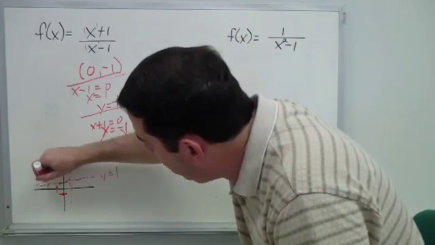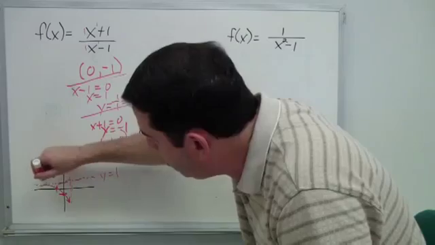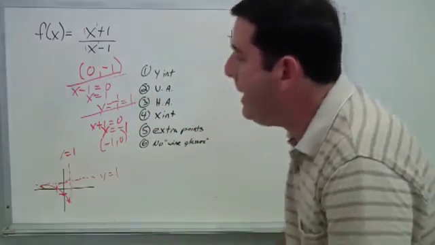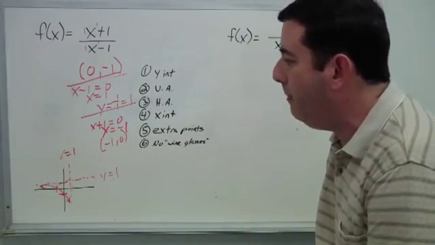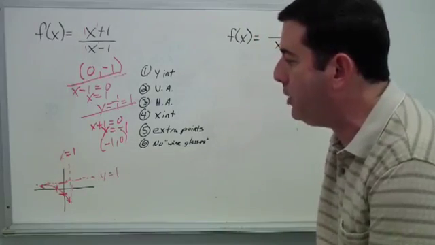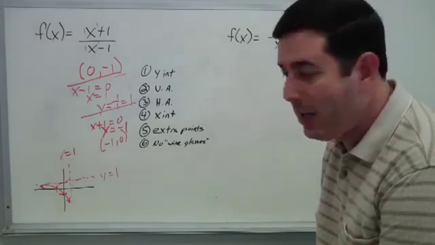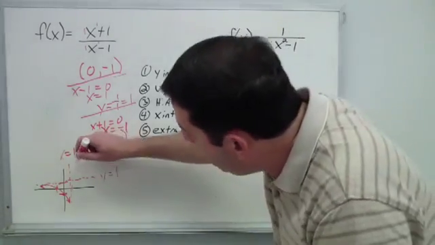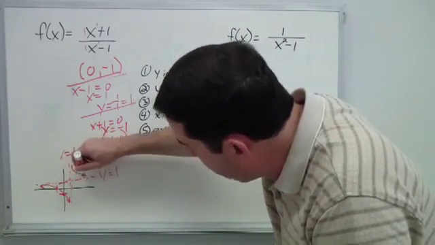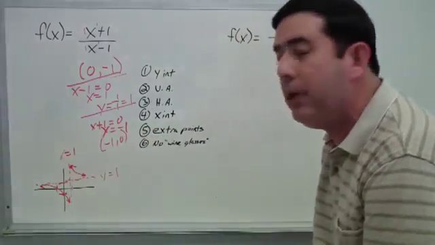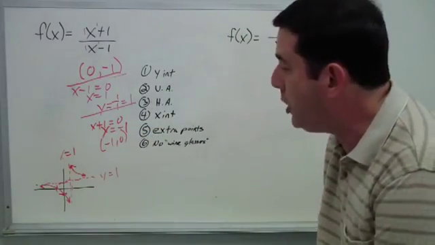I've got to approach each of the asymptotes without crossing them, getting close to each one of them. So there is that side of our picture. The two parts of the picture are always diagonal to each other, so I know the rest of the picture has to be up here to keep us from getting a wine glass shape.